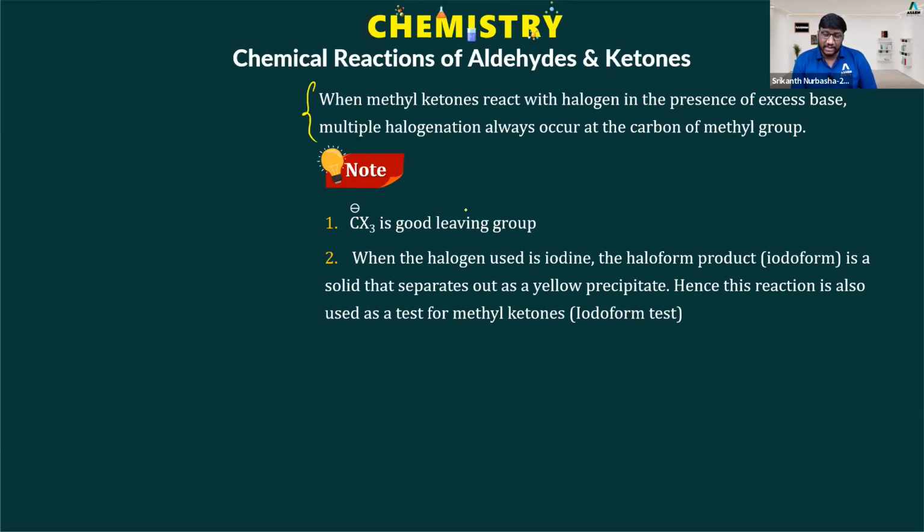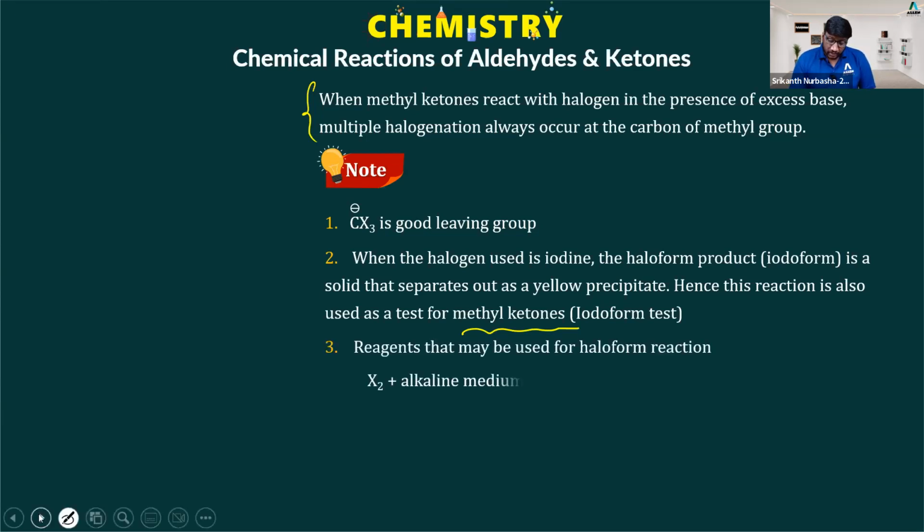Note the CX3 minus is a good leaving group. That is why negative charge on oxygen comes in and CX3 minus is lost. When the halogen used is iodine, the haloform product iodoform is a solid that separates out as a yellow precipitate. Hence, this reaction is also used as a test for methyl ketones, and not only for methyl ketones, but also for all those groups which contain CH3 C double bond O.